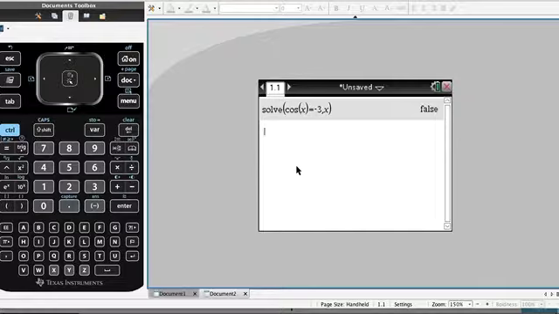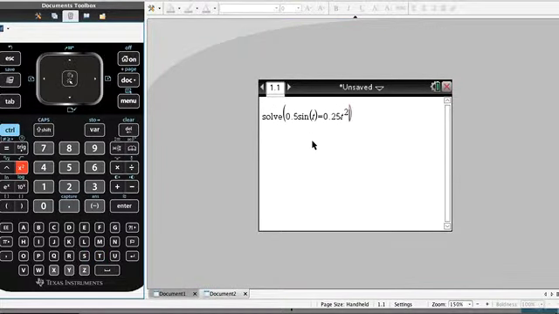So we've got solve, and the expression we had was 0.5 sine t equals 0.25 t squared plus 0.05 t. You can use t here or x, it doesn't really matter. We're solving that for t.